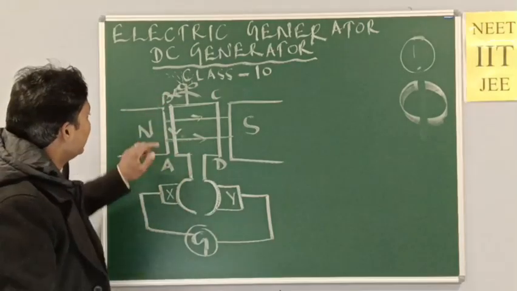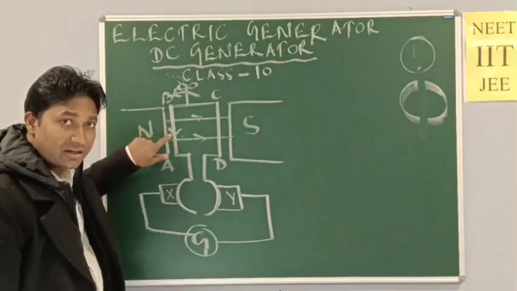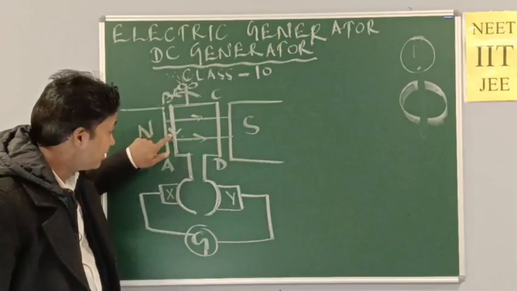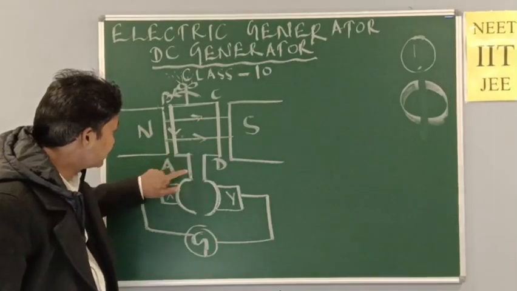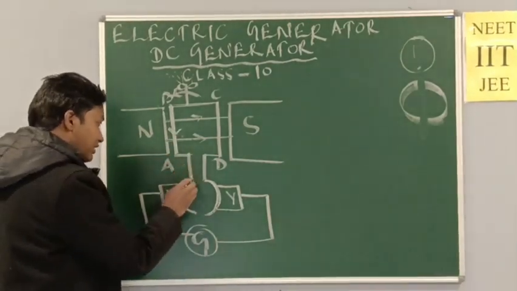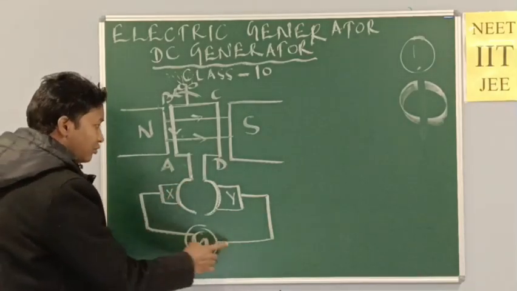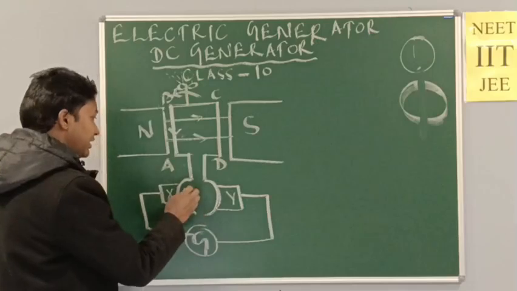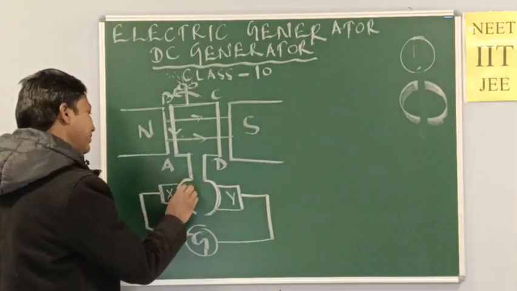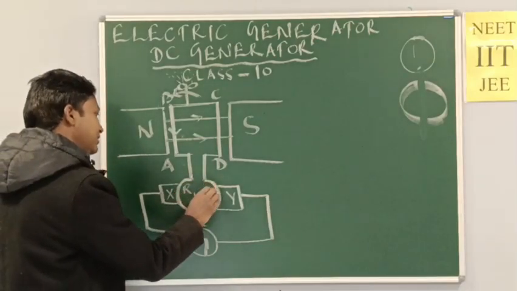This is the direction of the induced current. What is next? Current will pass through this slip ring, from X to Y. Here we can put the name R1, ring R1, and this is R2.